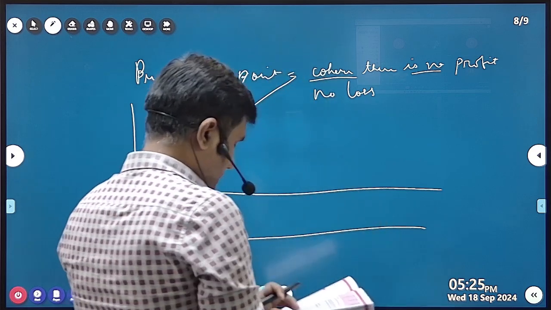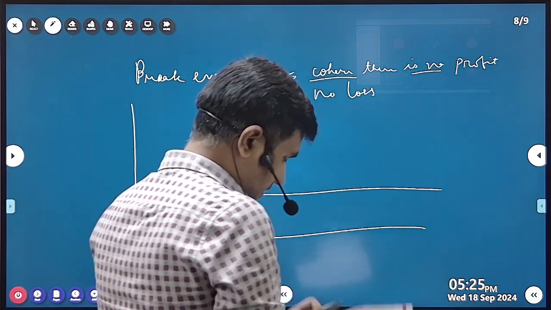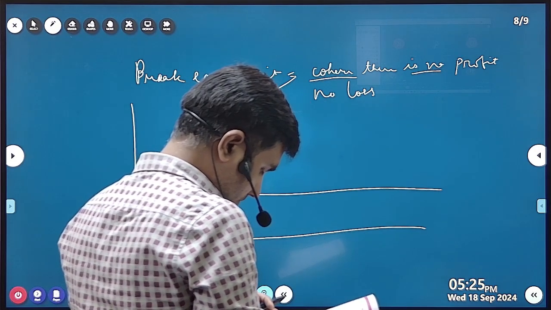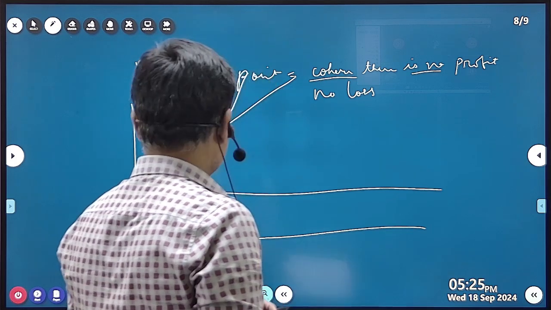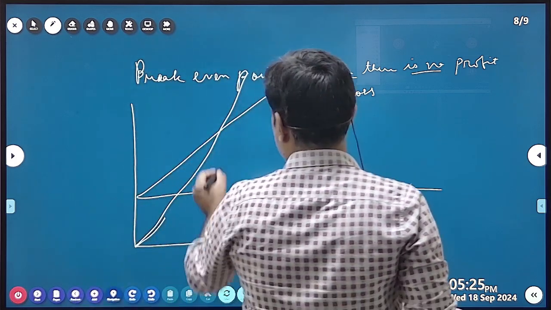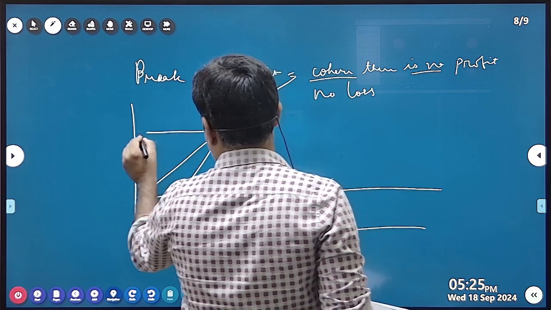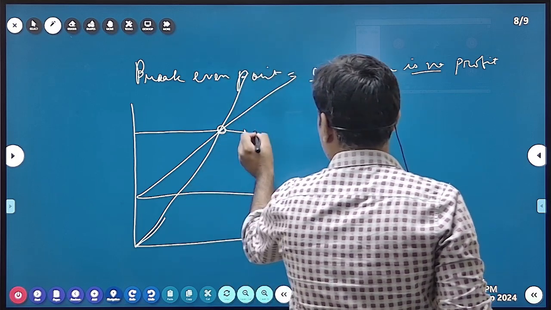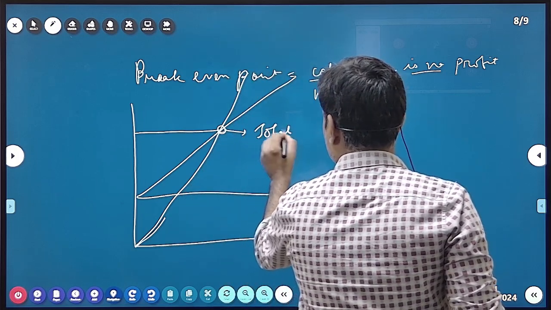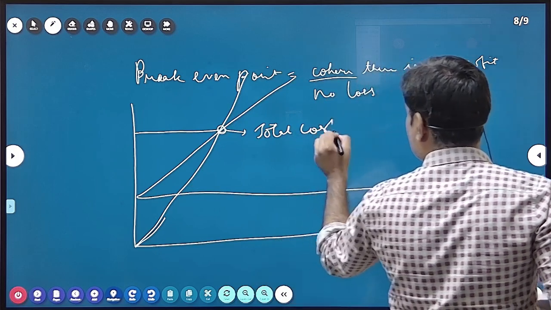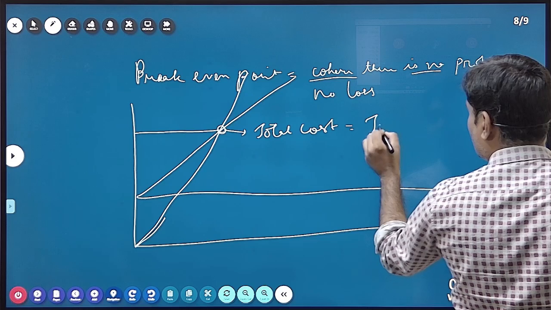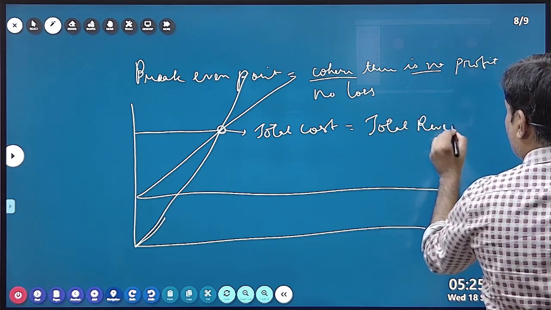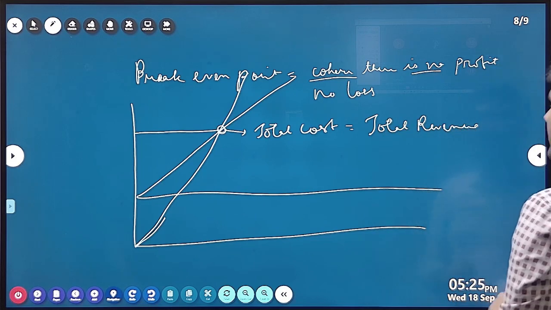I think I have drawn it wrongly, no? Total cost, right? It is correct. So this is your break-even point, where your total cost is equal to total revenue.